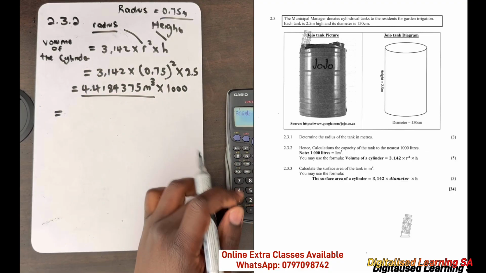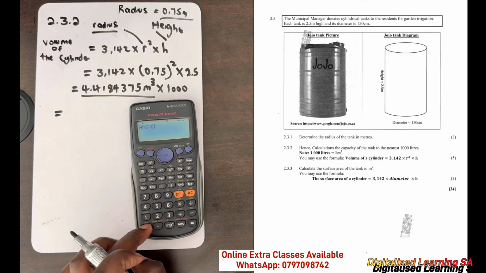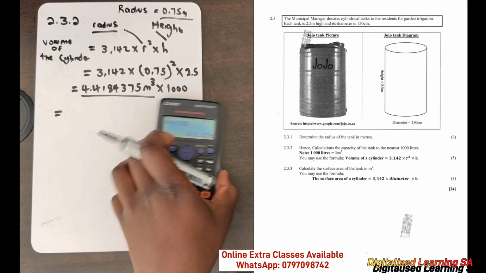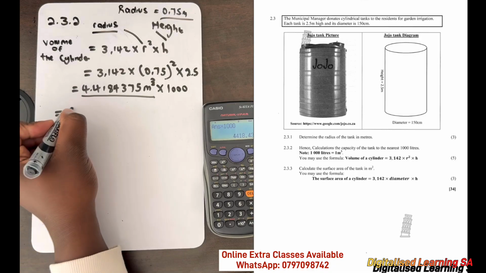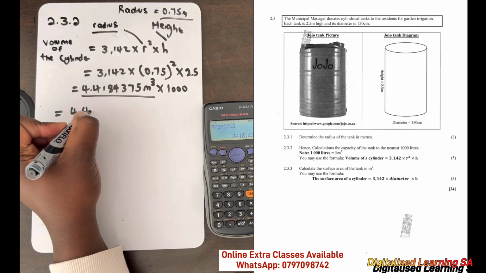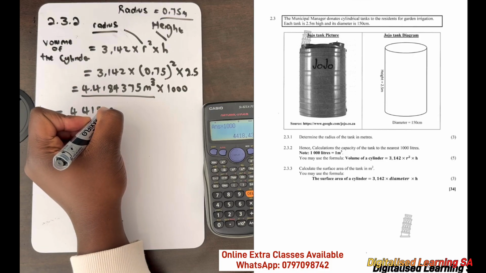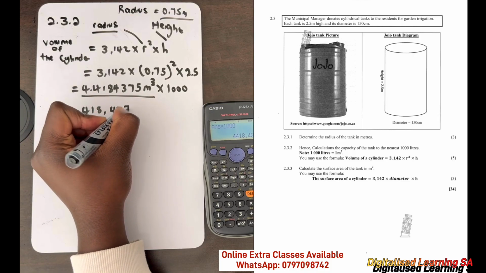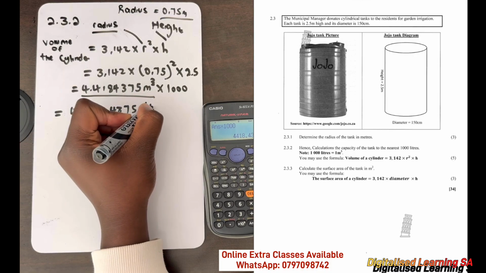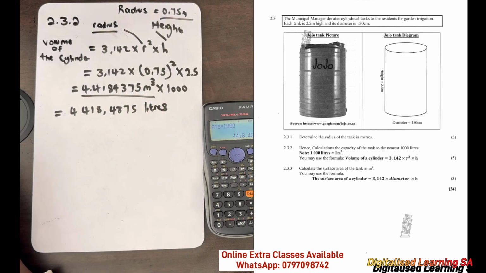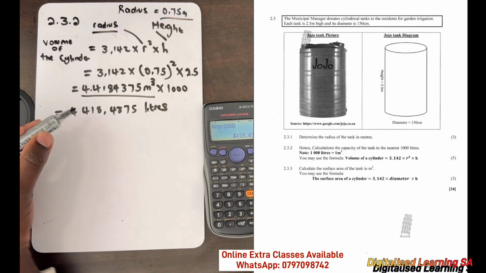So if we multiply by 1000, we will get 4418.4375 liters.